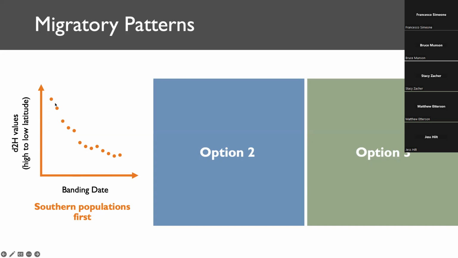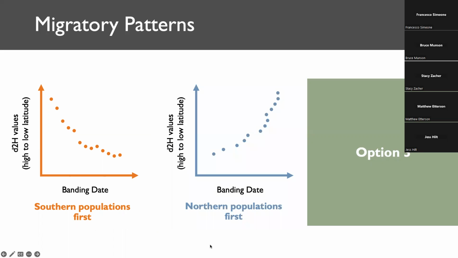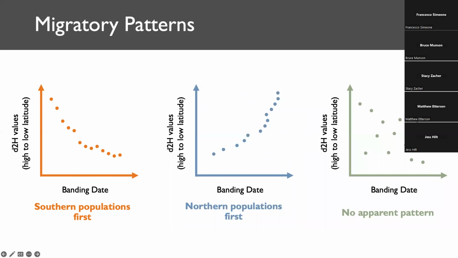So this downward trend would indicate that maybe southern populations were banded earlier in the season than more northern populations. We could see the opposite, with more northern populations banded before southern populations, or we could see no pattern at all.